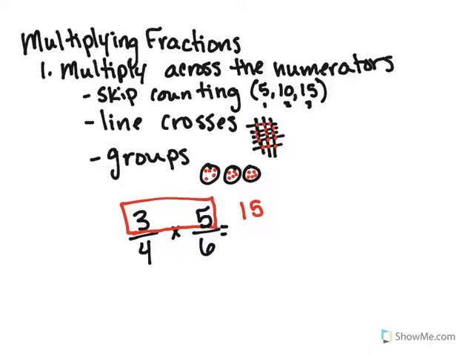I could try my line crosses where I make 3 lines going down and 5 lines going across. And then I count the intersections, like these red dots in my example. Or I can make 3 groups and put 5 dots in each and then count up all of the dots together. So in the end, I get 3 times 5 equals 15.